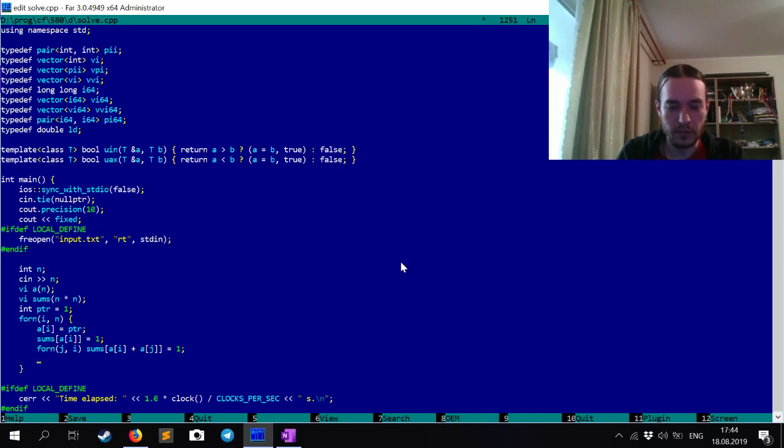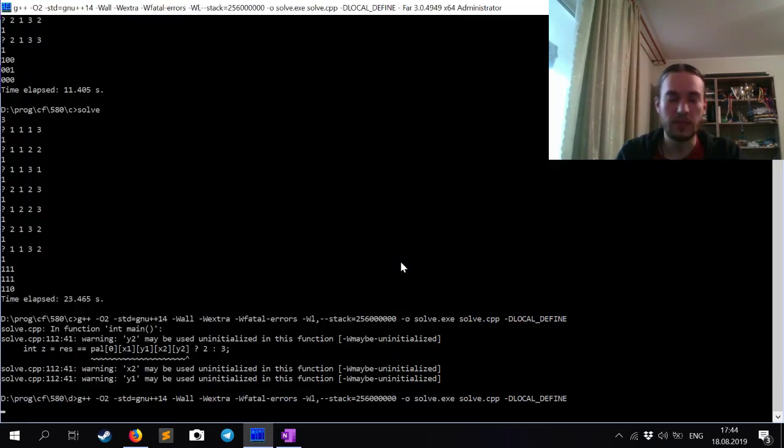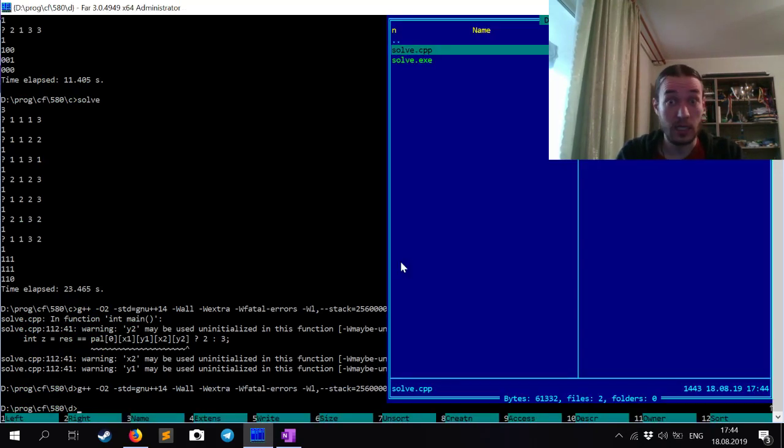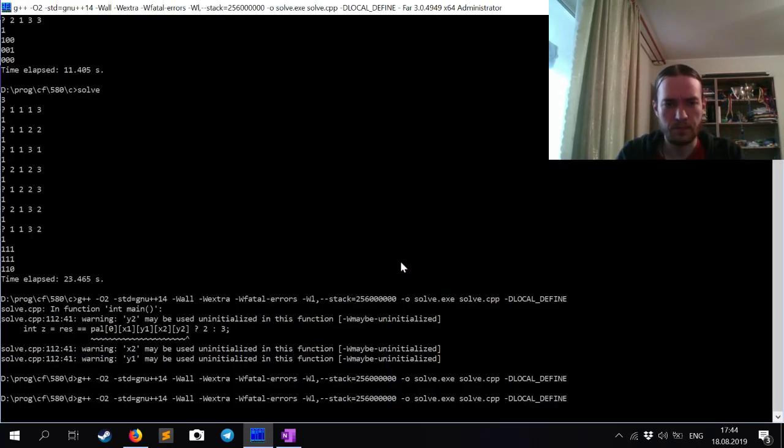Can we just do it greedily? So the smallest sum that's not representable this way is going to be, I don't know what, but let's leave that for a second.